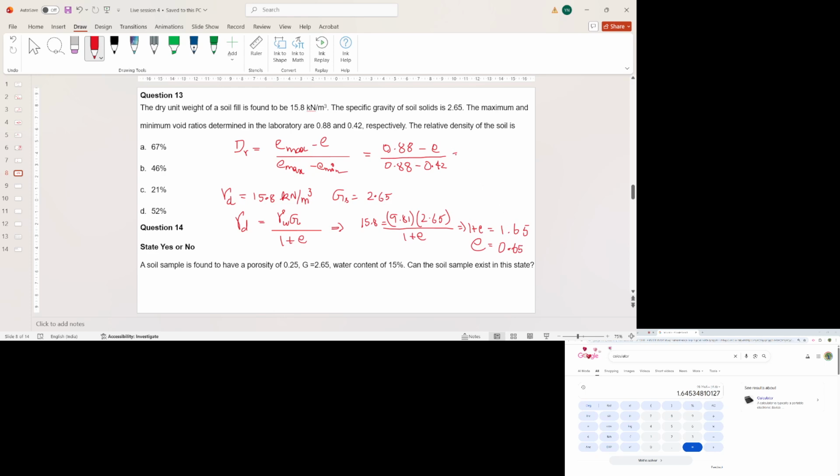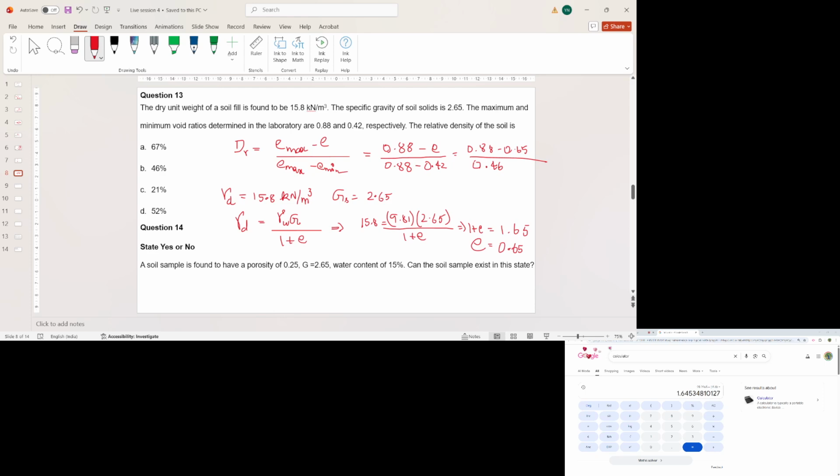Now coming to the computation, 0.88 minus 0.65 divided by 0.46.